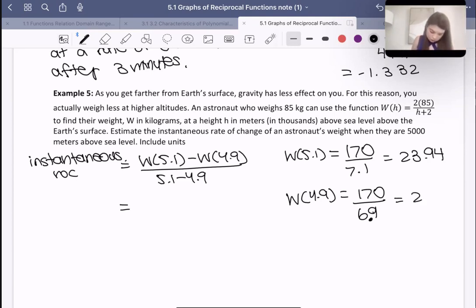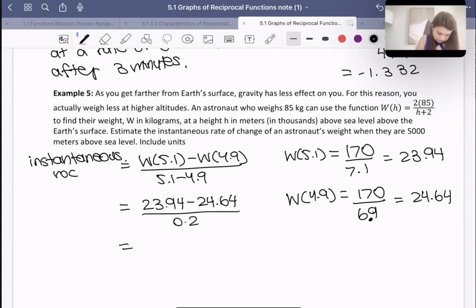That's going to be 24.64. Which is negative 0.7 over 0.2, which is negative 3.5 approximately.